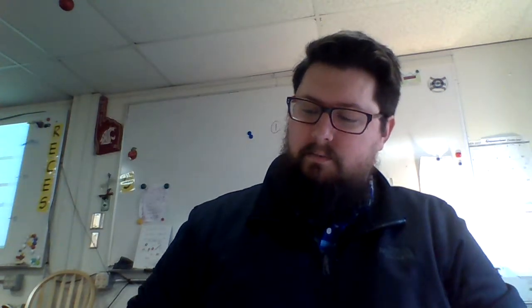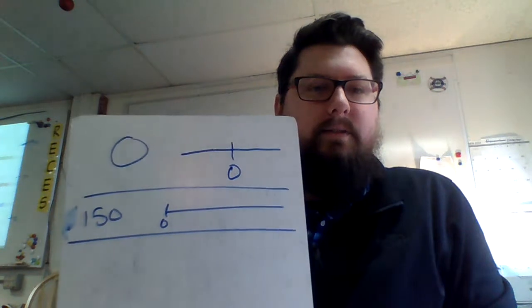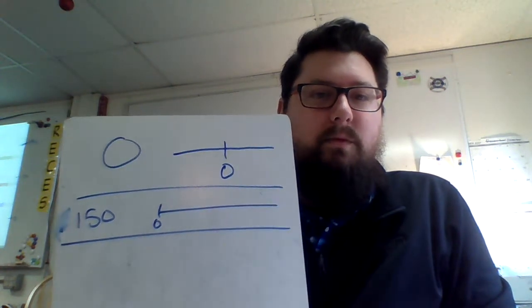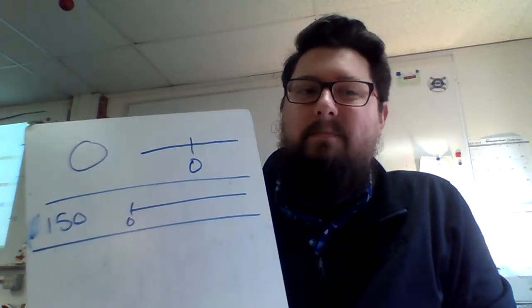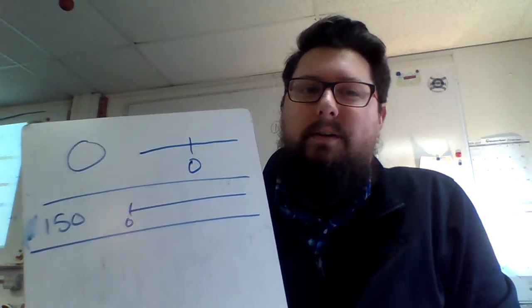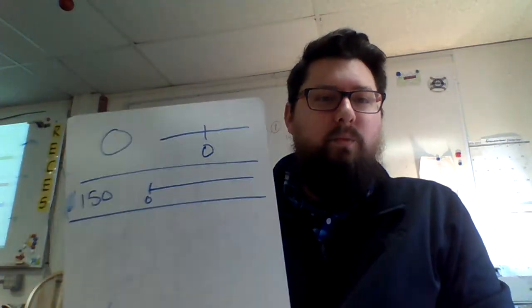How can we model that on a number line? Well, let's start with our number line. We need to show 150. So I'm going to start my number line with the 0 on the left-hand side, and I want to figure out what my scale is going to be. Again, you can count it by 1s, but that will take you an awful long time. 2s will also take a long time. 5s is getting better. 10s is probably the best way to go.